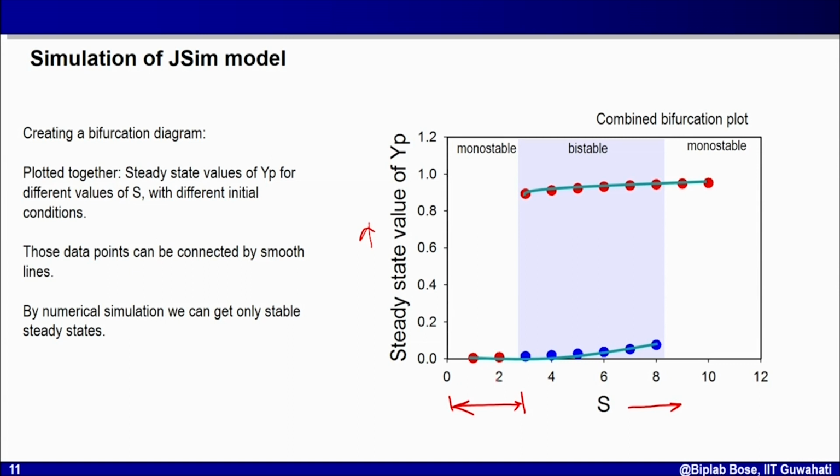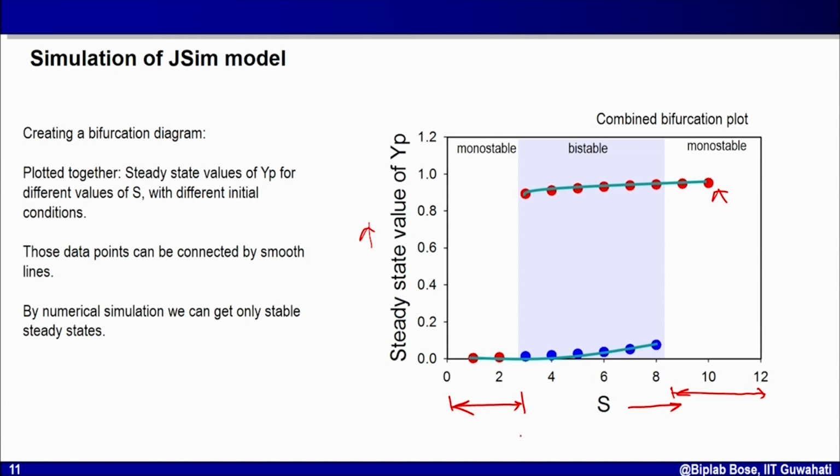So the system is monostable. Whereas for this higher value, again, irrespective of the initial condition, the system reaches the higher steady state. So again here, the system is monostable.